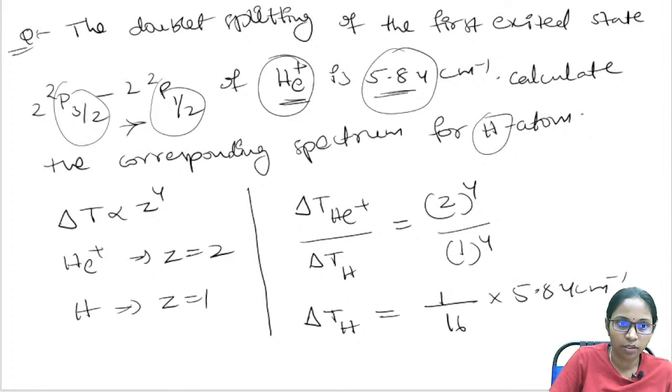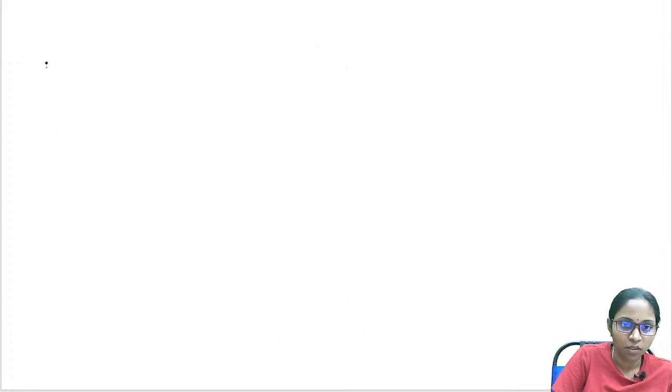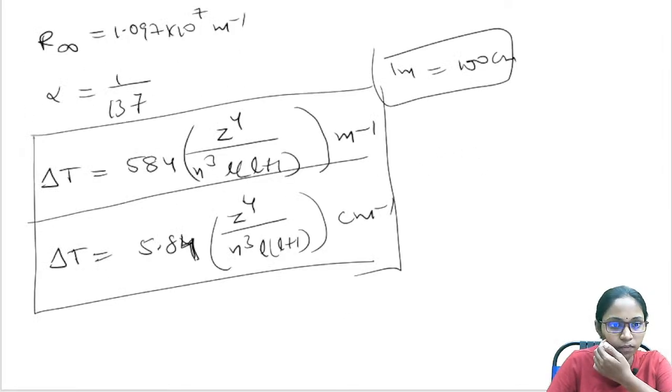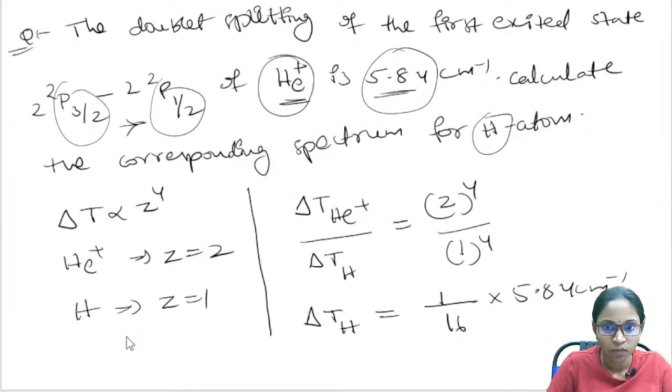If you solve this, you will get the term value of hydrogen atom, which is 0.305 per centimeter. You just solve this equation. And one more question.